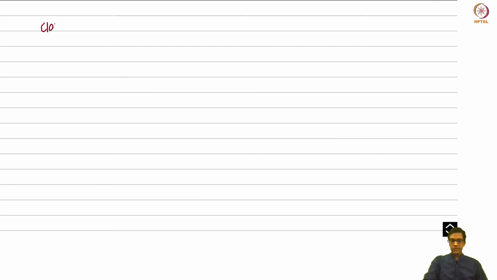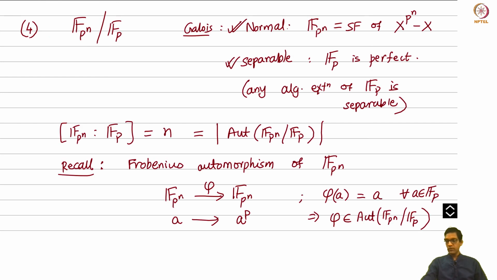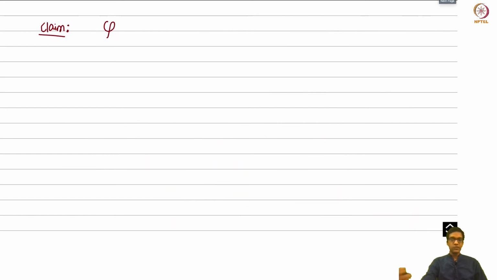Now the claim is that this element phi that we have constructed, let's try and compute its order in this group. It's an element of the Galois group. What is its order? The total order of the group is n, so the order of this element has to be some divisor of n, but the claim is that the order is exactly n. In other words, the Galois group is cyclic. So what does that mean?